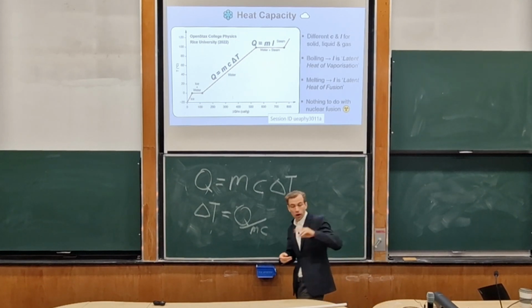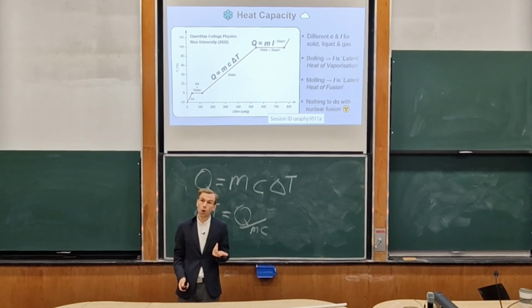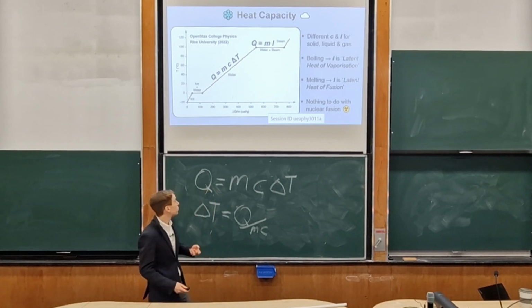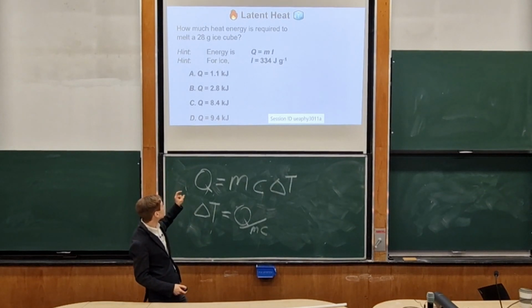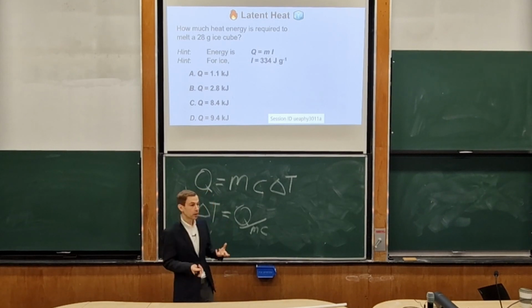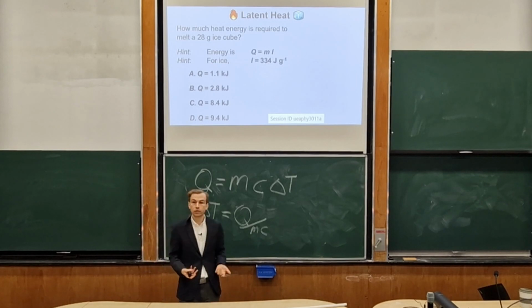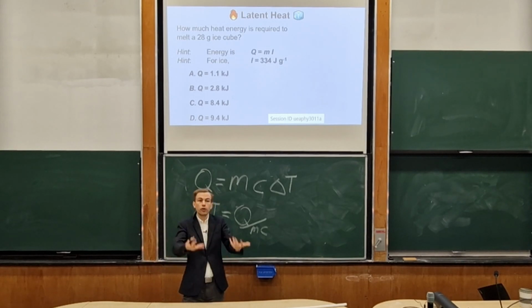So let's try a quick example question, to see how this works for water. Suppose we've got a little ice cube here, and we want to think about how much energy it is going to take to melt our ice cube. You'll notice this value here, this L, 334 joules per gram, is very different to the heat capacity of liquid water, so we've got to bear that in mind.